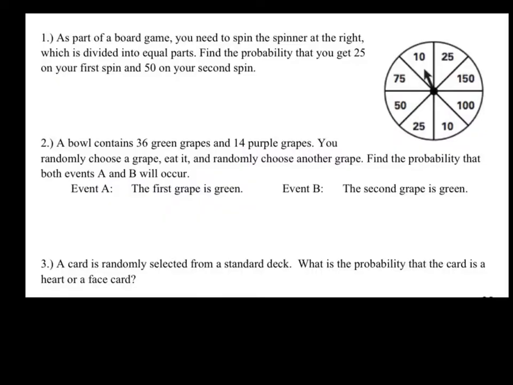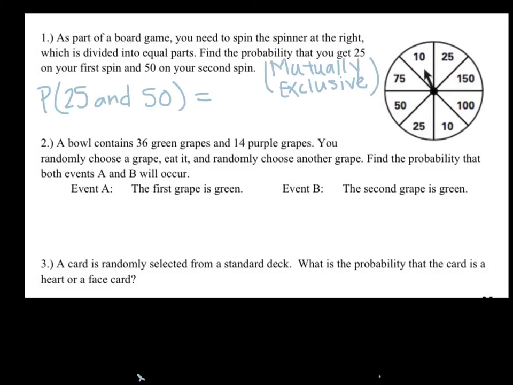It says as part of a board game, you need to spin the spinner at the right, which is divided into equal parts. Find the probability that you get a 25 on your first spin and a 50 on your second spin. Whatever you spin on the first one is not going to affect what you spin on the second one, so they're independent.